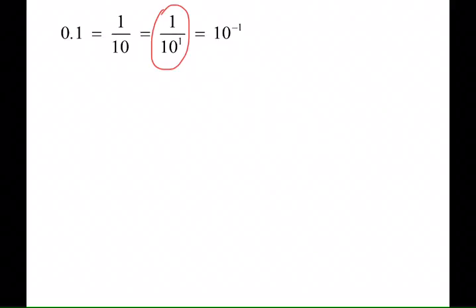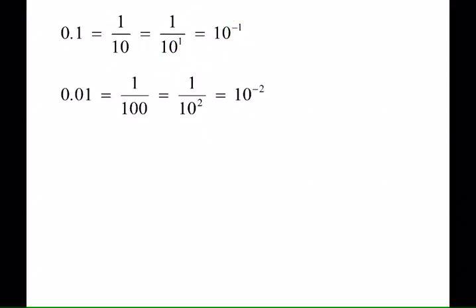If you have an exponent in the denominator and you want to bring it up into the numerator, you have to change its sign. So that is flipped up in the numerator, 10 to the -1. Then 0.01 is 1/100th, which is 1 over 10 raised to the 2nd power. If we bring it up, that's 10 to the -2nd.